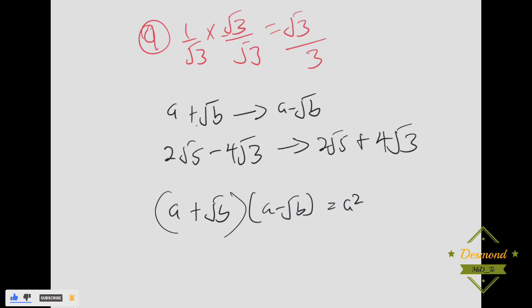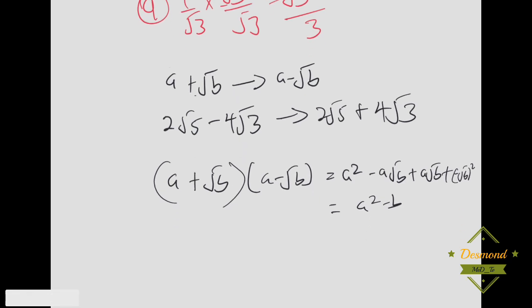A times minus root B, which is minus A root B. Root B times A, plus A root B. Then root B times negative root B, so that would be negative root B squared. And when we do it, we should get A squared minus B. Very simple. You can see that the answer that we got is not in the form of a surd.